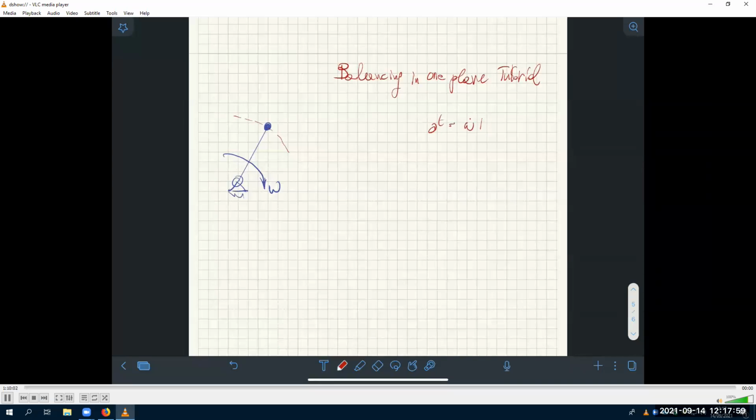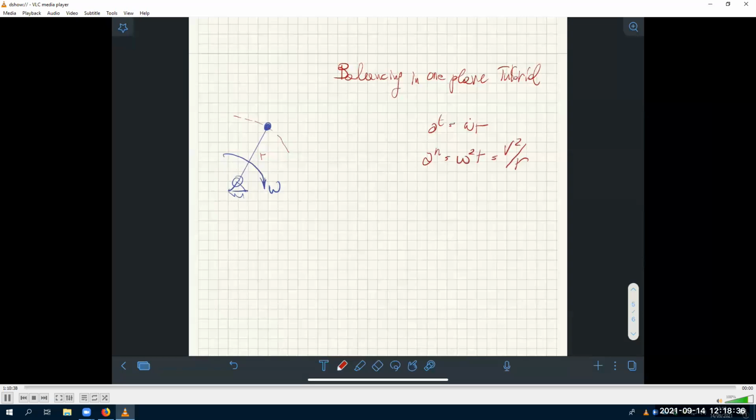Let's call this distance r. And the normal acceleration, how much is that? Come on. Omega squared times r, or v squared divided by r.